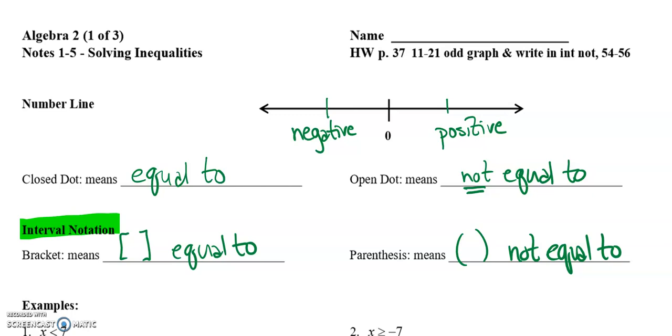I'm going to be kind of picky about the brackets and the parentheses. I don't want to see something that is half bracket, half parenthesis. So if it's brackets, I want brackets. And if it's parenthesis, I want parentheses.